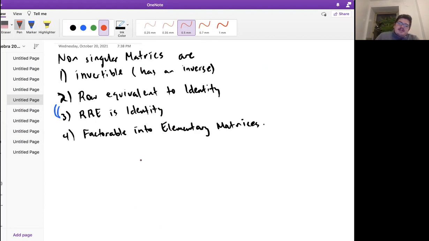If I have AX is equal to I, how can you solve for X? How do we get rid of A?